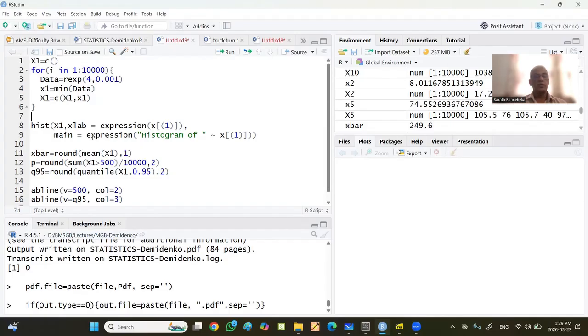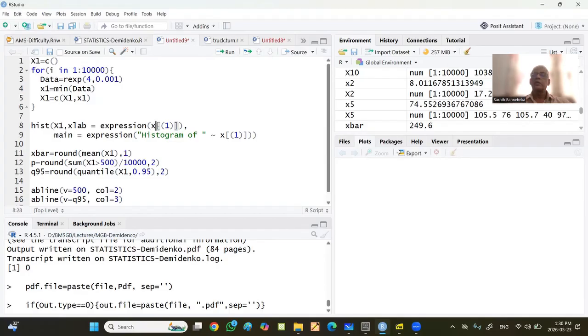So that again I want X subscript 1, because there also I want X subscript 1. This is the way to get it. Expression, then within quotes, histogram of, and then some space. This thing stands for space. And then what I want to get mathematically, X 1. Right. It's better probably.